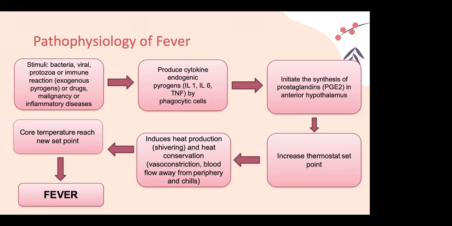The anterior hypothalamus increases the thermostat set point, and then it induces heat production by shivering and conserves heat by vasoconstriction of the blood vessels, causing blood flow away from the periphery, and the patient will have chills.